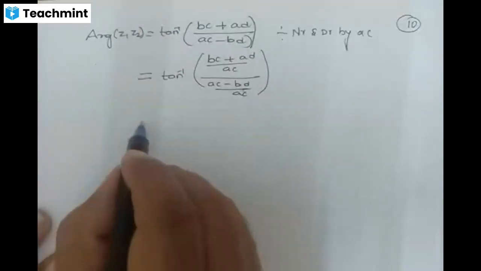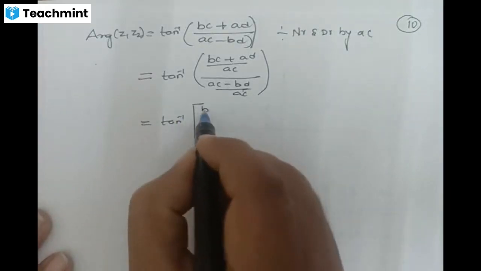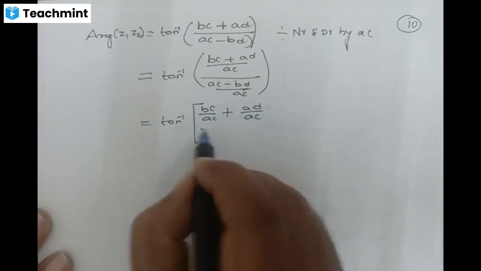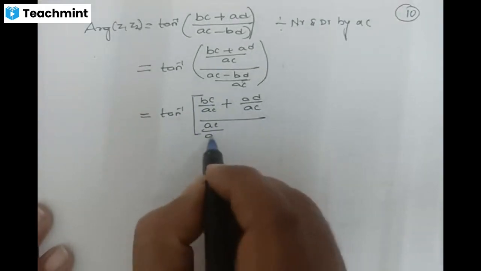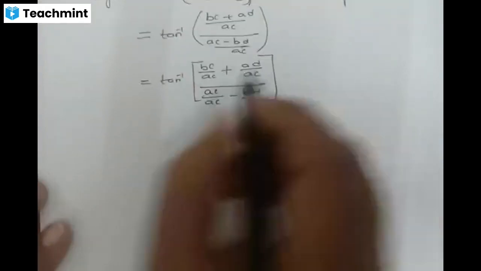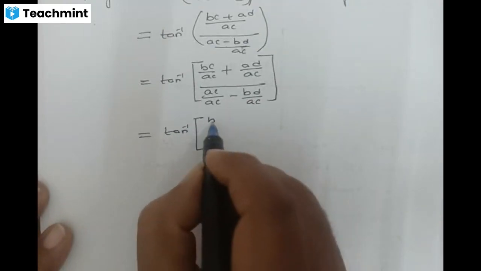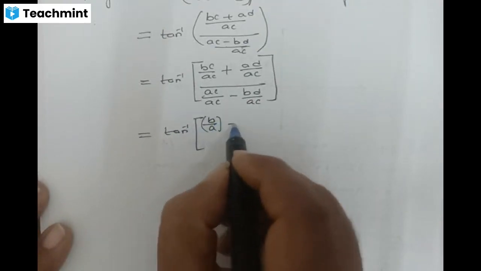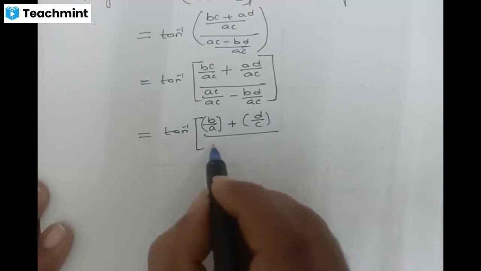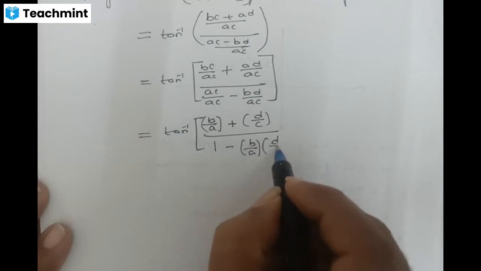Now we can write tan inverse of bc by ac plus ad by ac divided by ac by ac minus bd by ac, which is equal to tan inverse of, c and c get cancelled, b by a plus, a gets cancelled, d by c divided by 1 minus b by a into d by c.